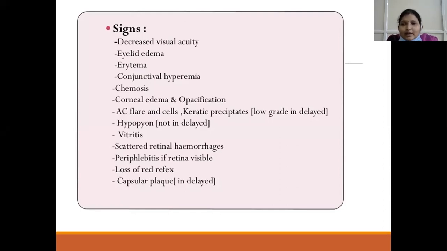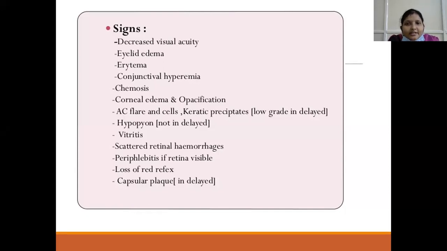Along with the anterior chamber, there is pouring of the exudates into the vitreous. So the vitreous will also be filled with pus. That is called vitritis. Because of exudates in the vitreous, normally when we throw light into the pupillary area with the help of an ophthalmoscope, what do we see in the pupillary area?